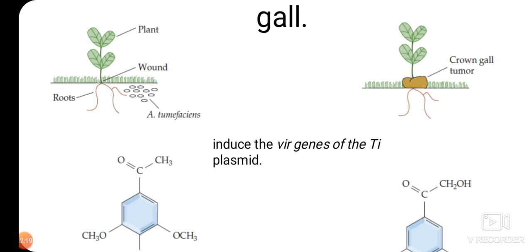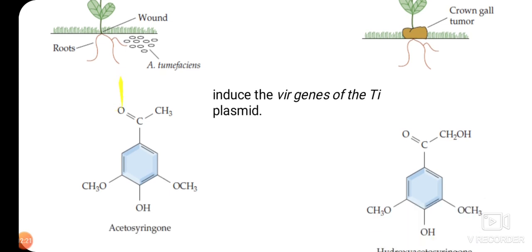So how exactly does this bacterium enter the plant cell, and why does it enter? It enters because whenever a plant gets injured, due to wear and tear, at the part which interacts with the soil, the bacterium is going to infect the plant.